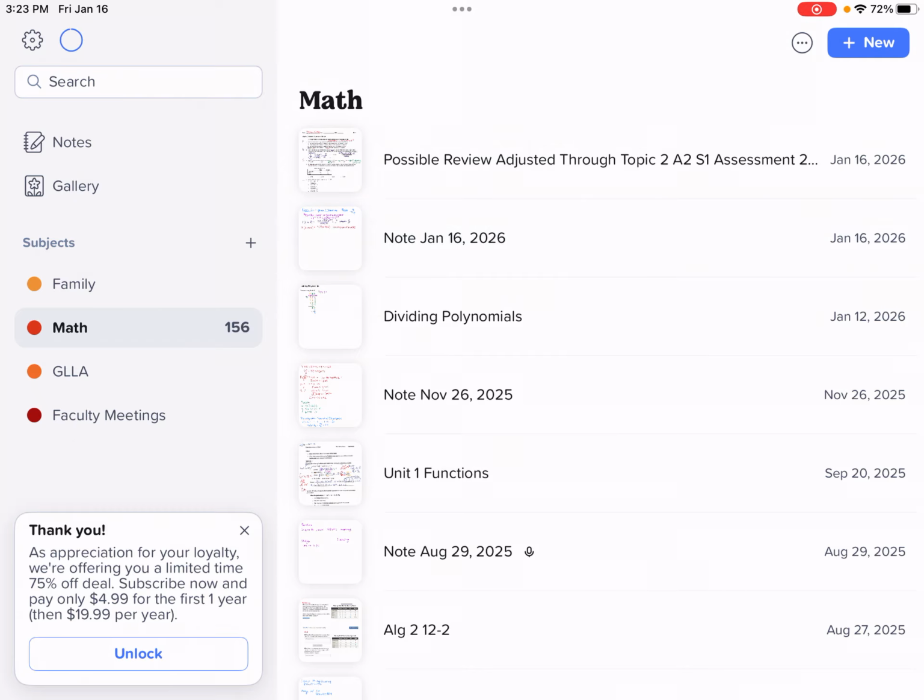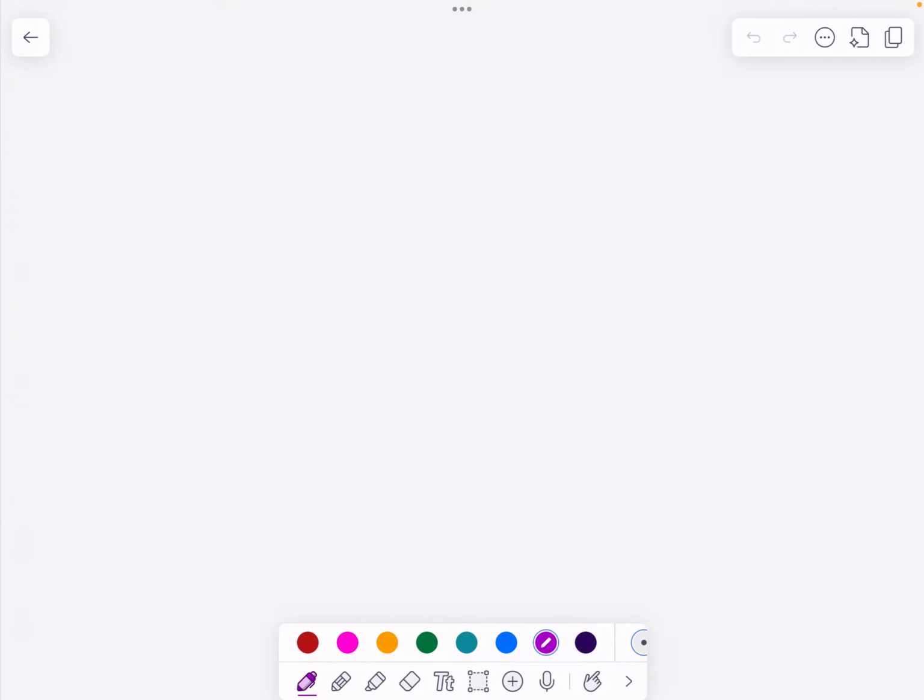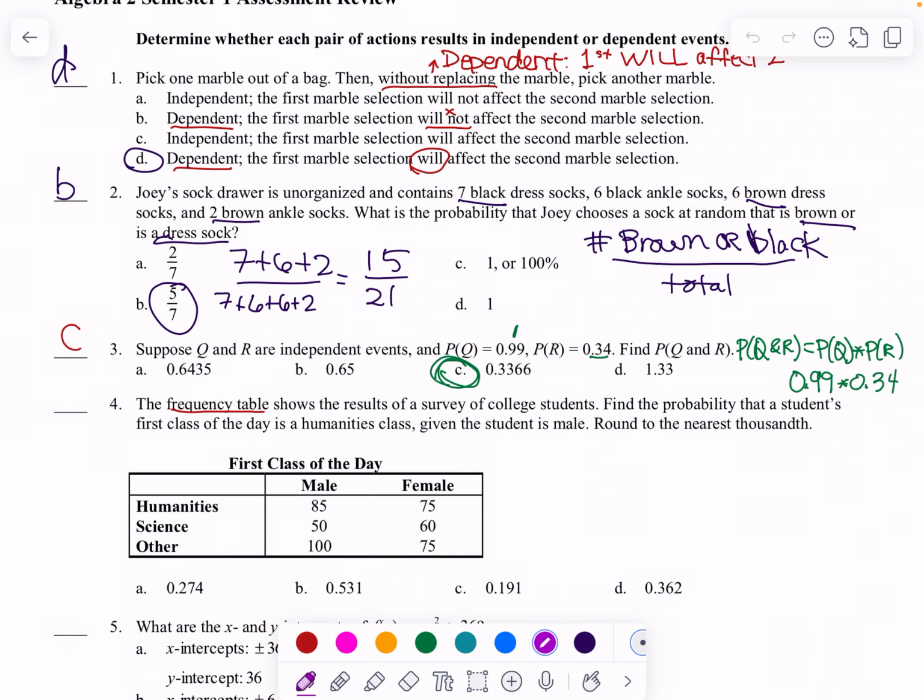Okay, then let's see. Then we're going to come to the next one. So a frequency table: we want to find the probability that the first day is humanities given male. So we want the number of males in humanities, divided by the number of males.